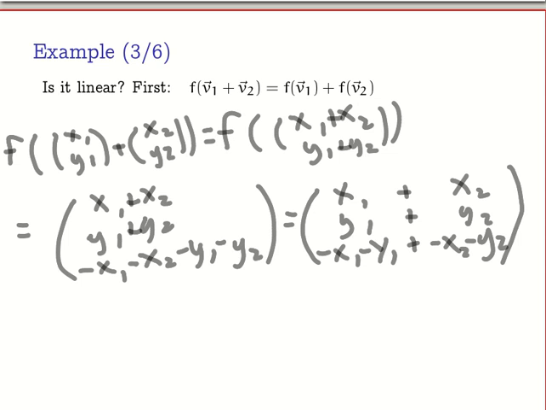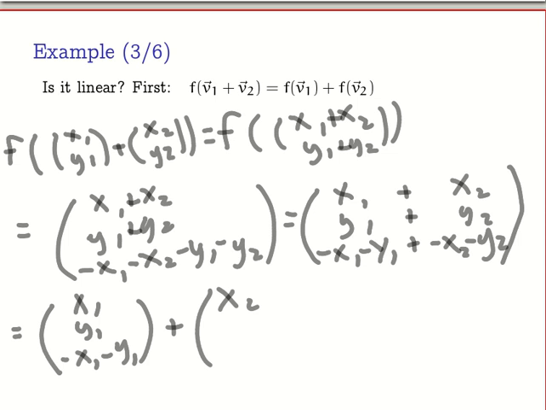That's going to be equal to (x1, y1, minus x1 minus y1) plus (x2, y2, minus x2 minus y2).